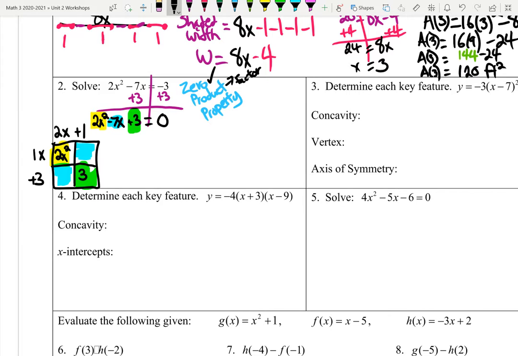So now, to see if this is going to be the factored version, I'm going to have to multiply out my square. This is going to turn into 2x squared, and then this is going to turn into 6x. Notice, team, looking at my area, when I combine them, it shouldn't be 1x squared, my bad.